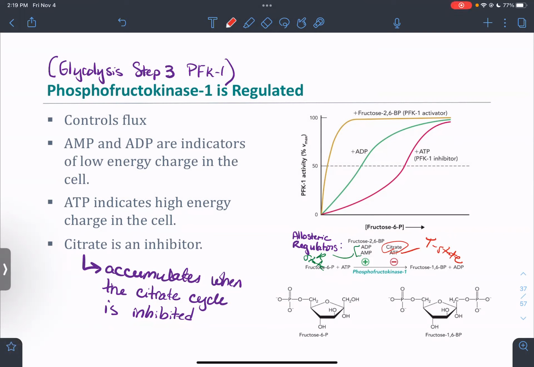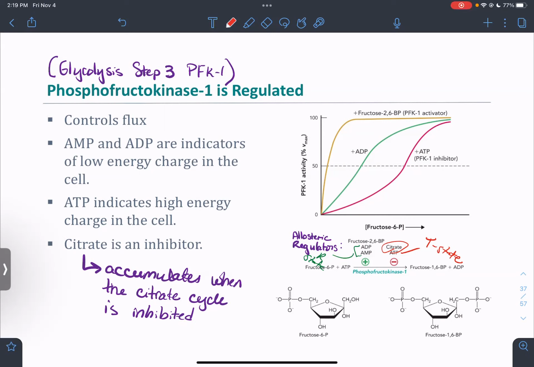So if the citrate cycle is backlogged, is working and it can't keep up, right? Then the citrate cycle is basically going to stop, so citrate's going to accumulate. Then citrate is going to come over to the glycolytic pathway and it's going to inhibit phosphofructokinase 1.